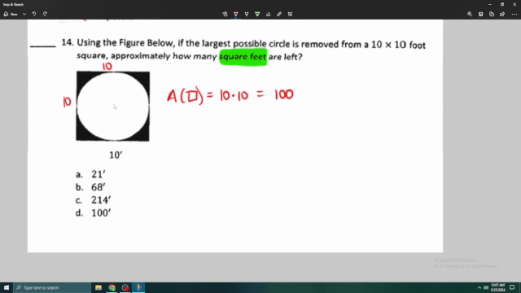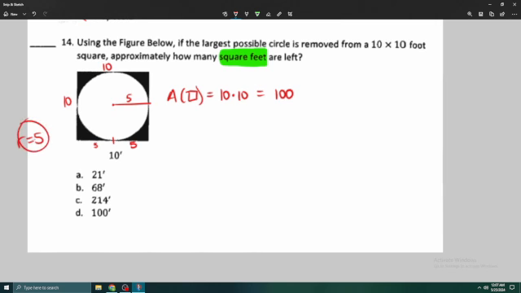If I'm looking at the center of this circle, and this is 10 feet long, what's half of that? It'd be 5 and 5. If I split that in half, the length from here to here would be 5. This is going to be my radius. So we've deduced that the radius r of the circle is 5.